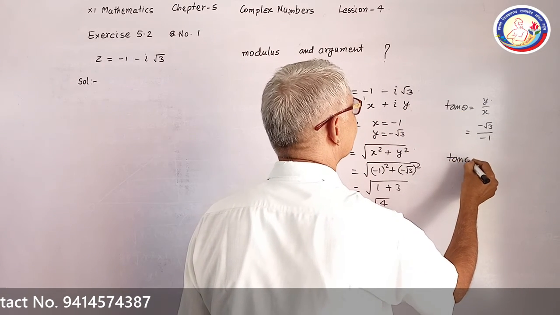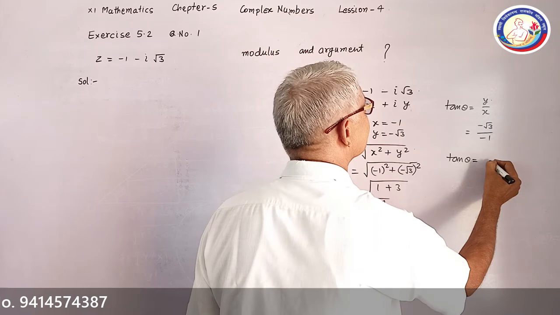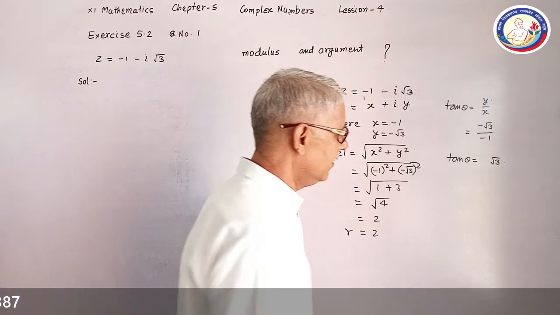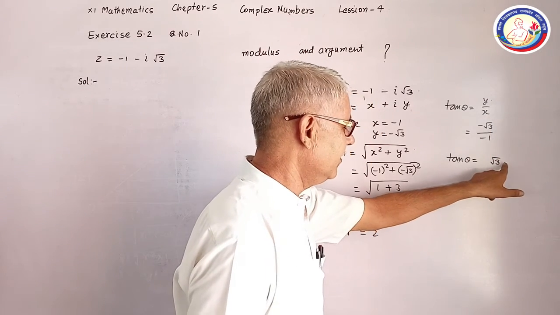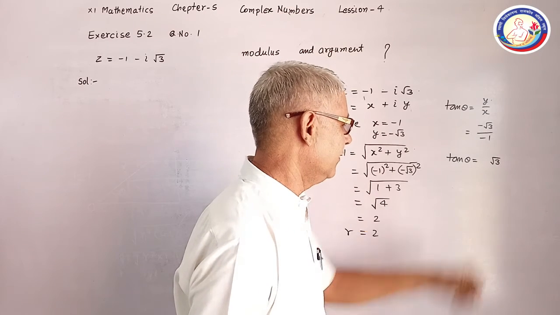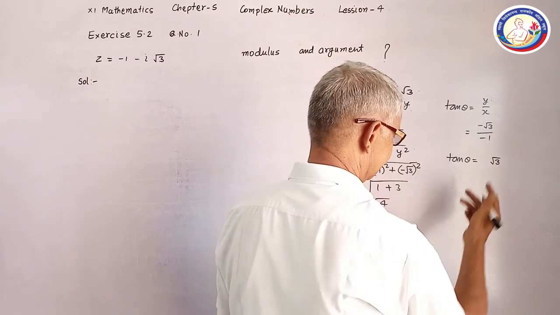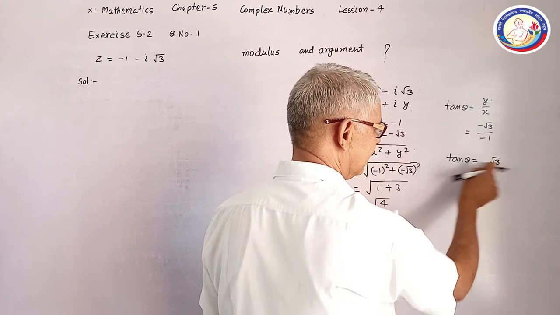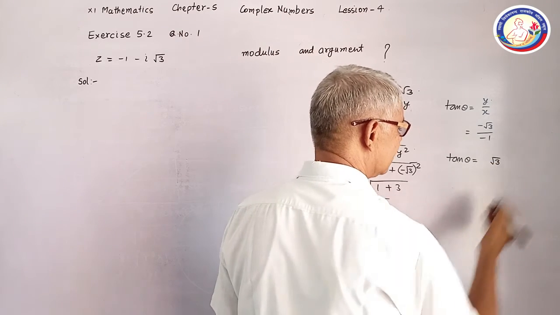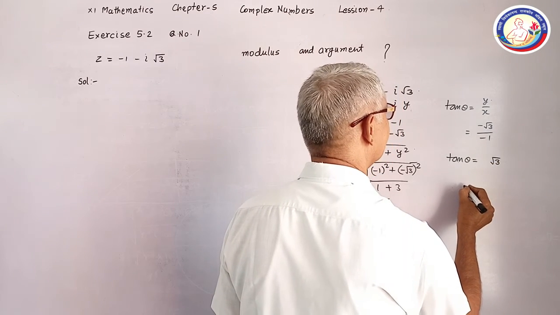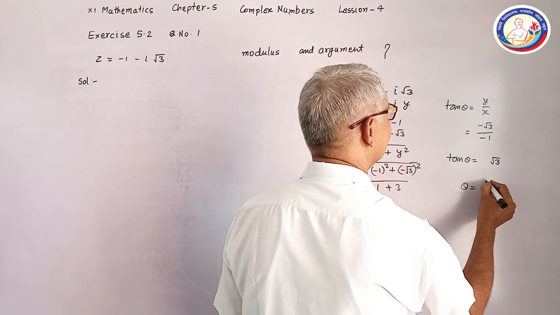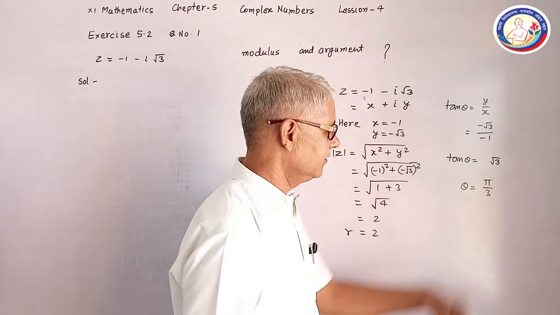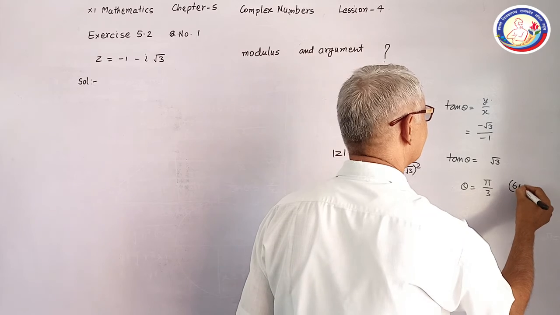Tangent theta will be square root of 3, if we cancel them. And for which angle theta is the tangent square root of 3? It is 60 degree, or theta is pi by 3. That is, we can say 60 degree.